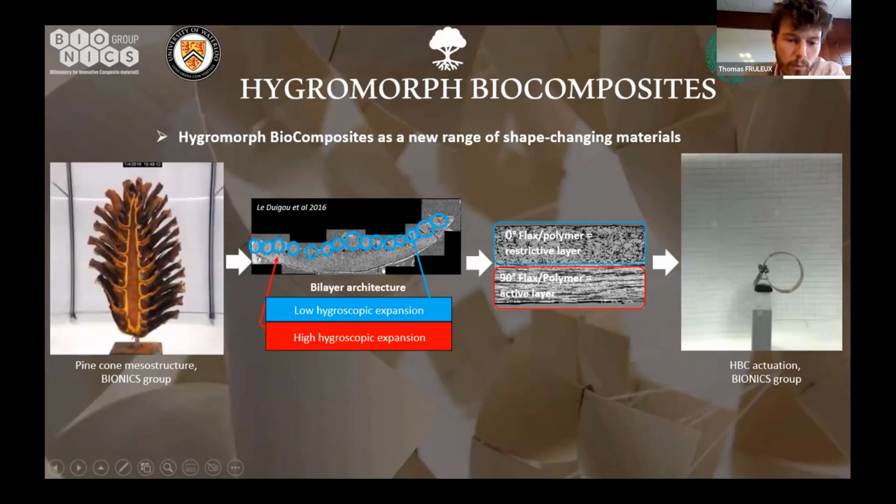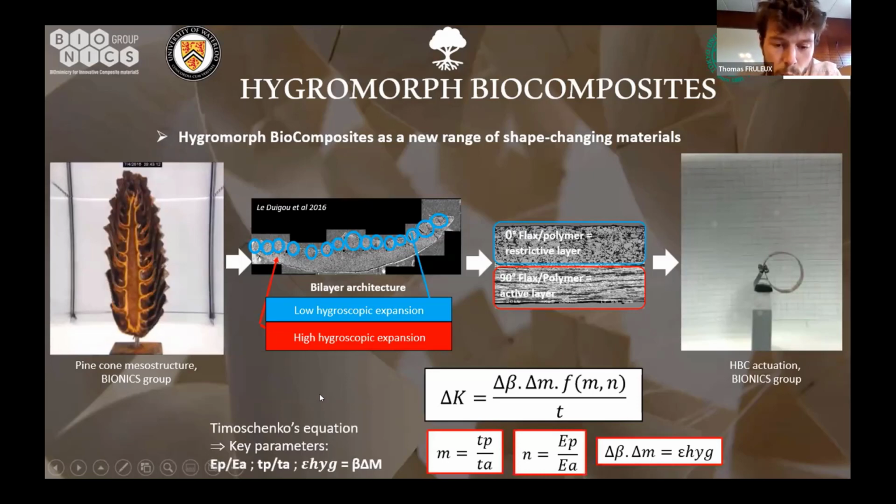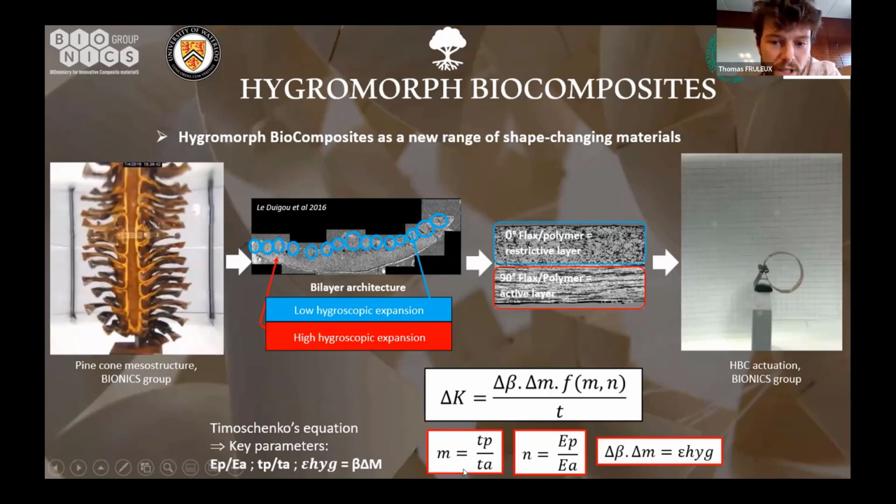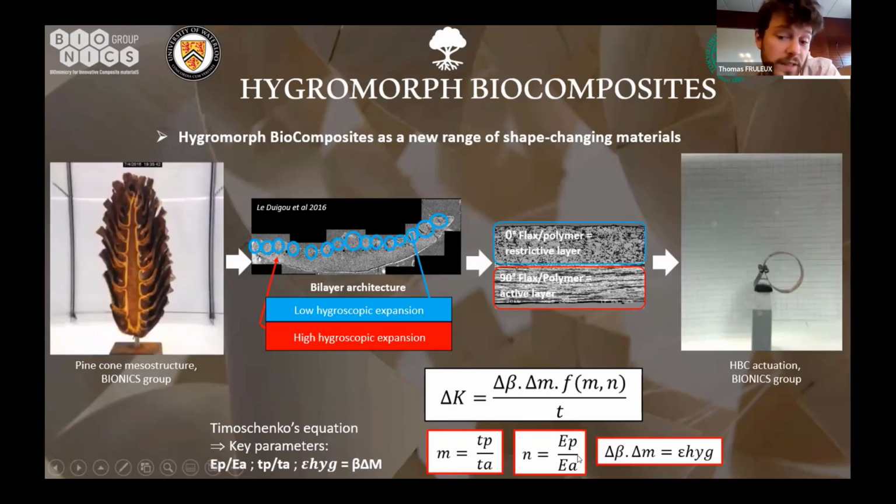If we want to look now in a more mathematical way, this is directly related to Timoshenko's equation, which connects the curvature of the bilayer to several architectural features. So there is the thickness ratio between the restrictive and active layer, the stiffness ratio, and the hygroexpansion coefficient, which is directly related to the material. So this was briefly to remind you what is a hygromorph biocomposite.